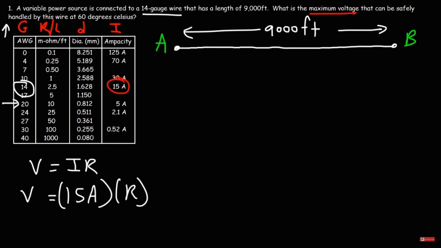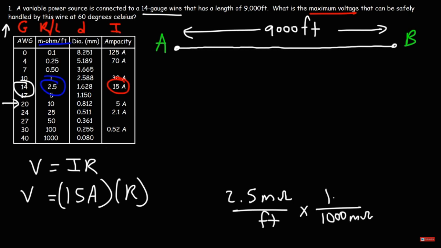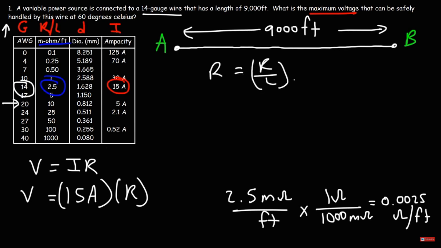Well, for a 14 gauge wire, we can determine the resistance per unit length, which is in milliohms per foot. And that's going to be 2.5. But let's convert that to ohms. So we have 2.5 milliohms per foot. And there's 1,000 milliohms per 1 ohm. So this is going to be 0.0025 ohms per foot. The resistance is going to be the resistance per unit length times the length of the wire, because those are going to cancel out.